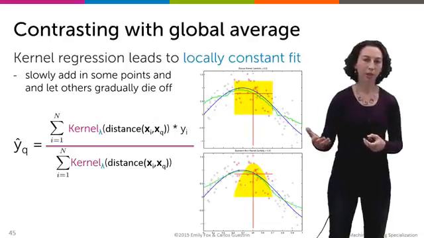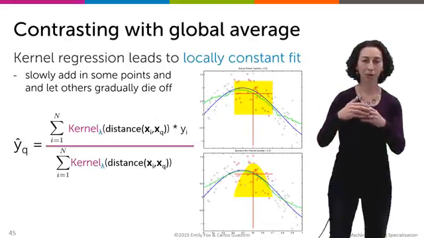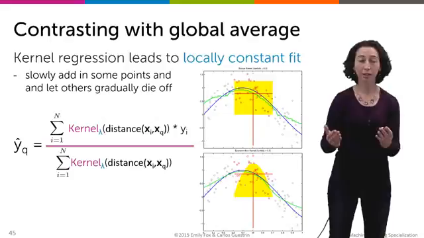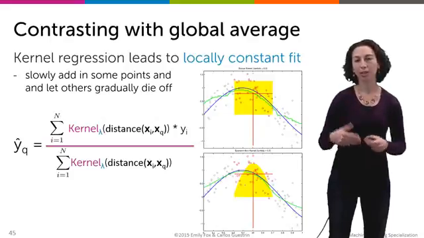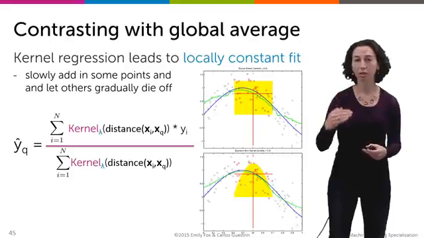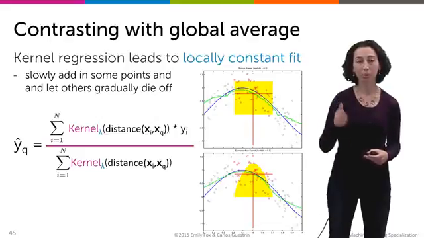Okay, but if we look at another kernel like our Epanechnikov kernel that has the weights decaying over this fixed region, well, it is still doing a constant fit, but how is it figuring out what the level of that line should be at our target point?